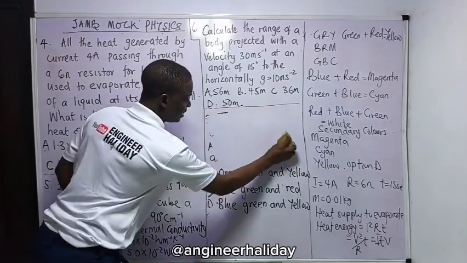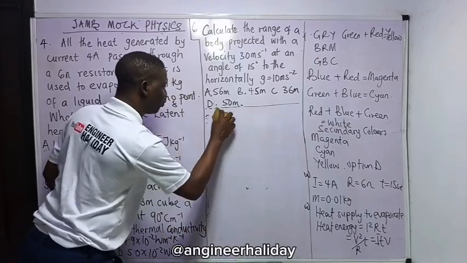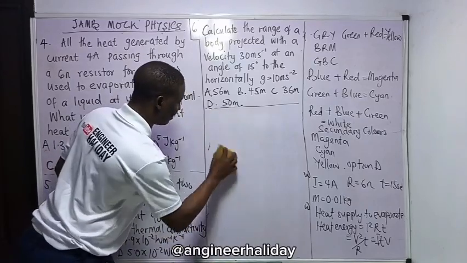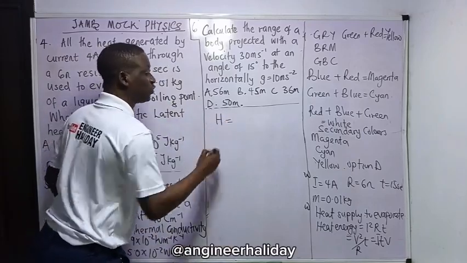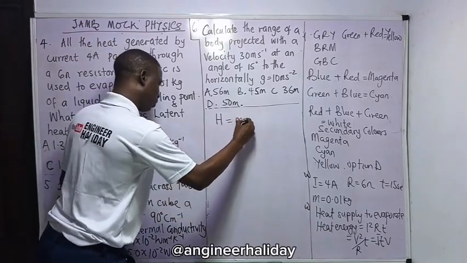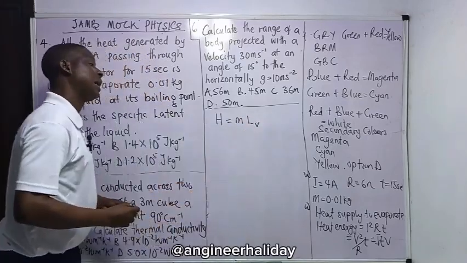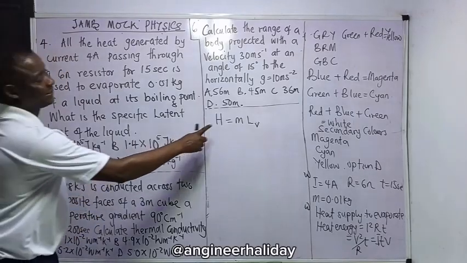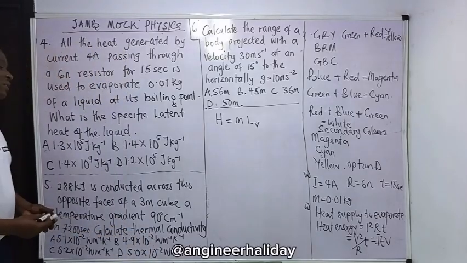Please permit me to clear this so that we can have more space. The energy that is applied to it is what? Heat due to latent heat, just to change the state of the body from liquid to vapor. And that will be m L v, for vaporization. So this one is the mass of the liquid that we have evaporated.